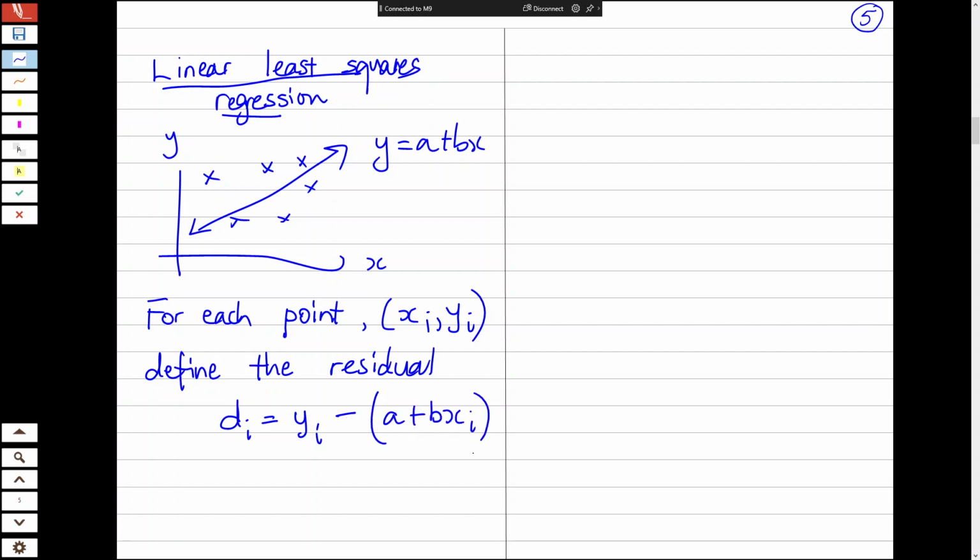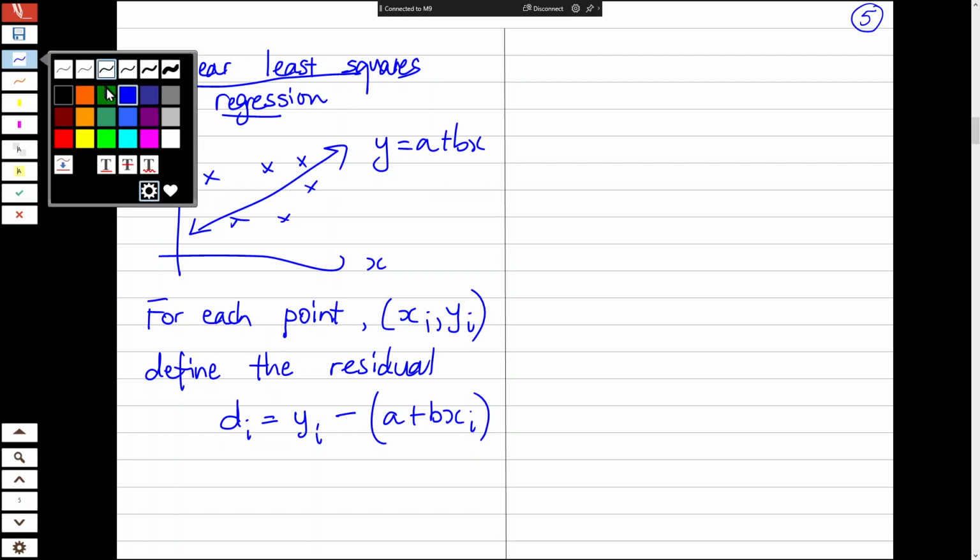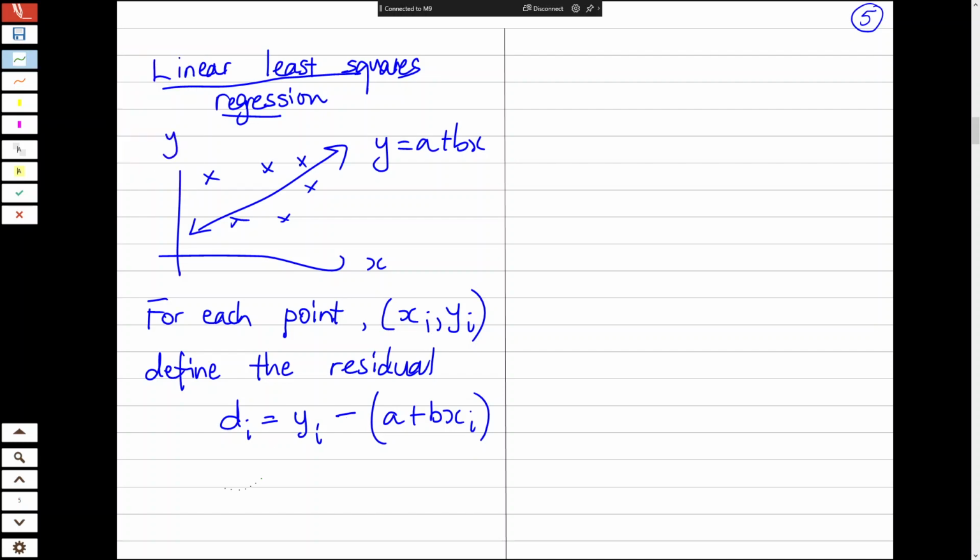See the previous page. If you're lost, this is exactly the same as the previous formula. Residual value equals actual value minus predicted value.